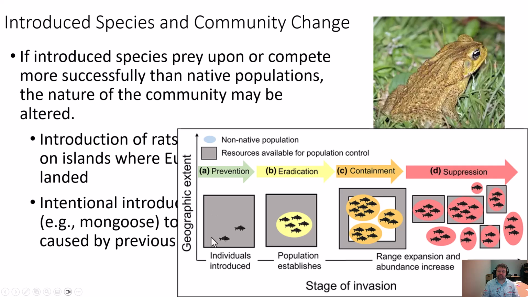So prevention is a big deal. Checking material through customs and things like that to prevent the transfer of organisms from one country to another. So prevention is a big deal.